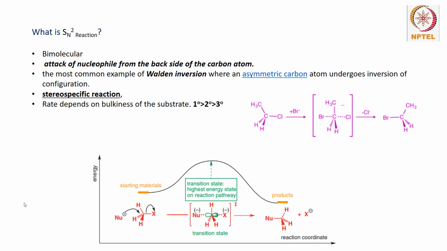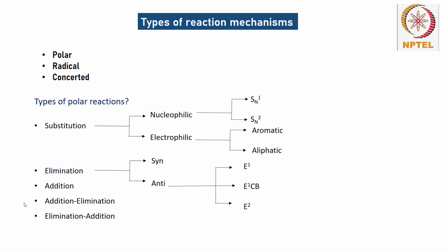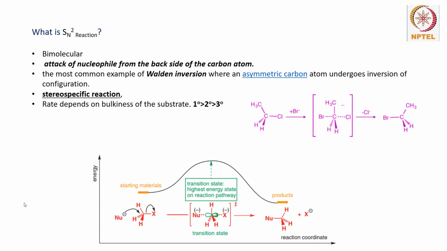So why is it called bimolecular? Because in SN1 the reaction rate was not dependent on the nucleophile, since that was a stepwise process. If I draw it, in the case of SN1, suppose this is R and there is a leaving group.